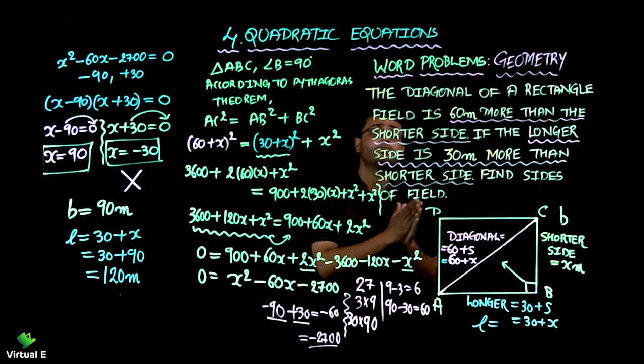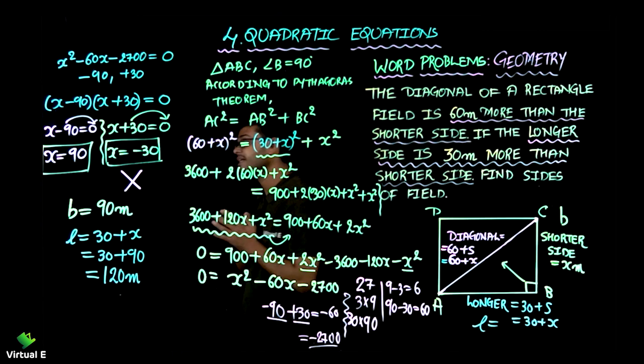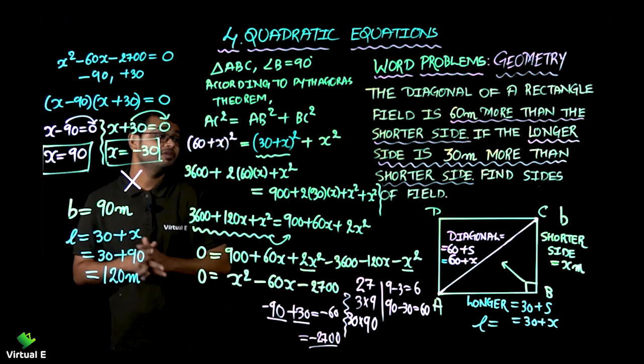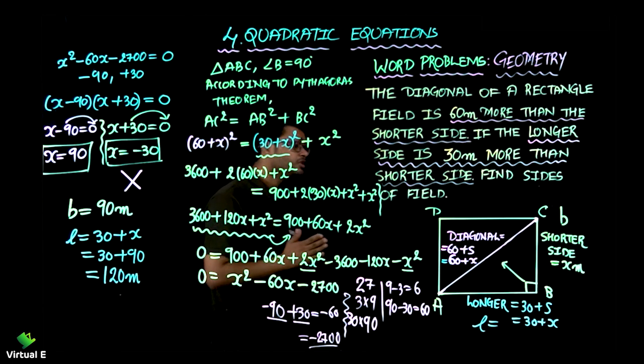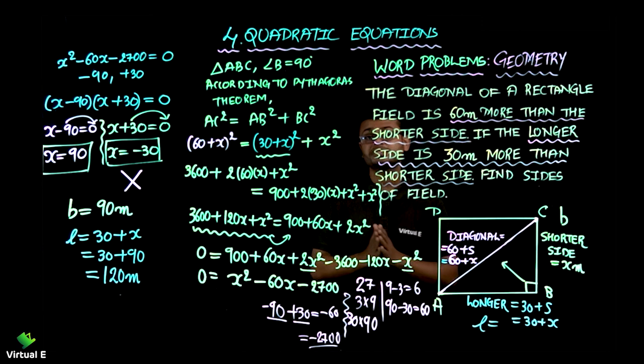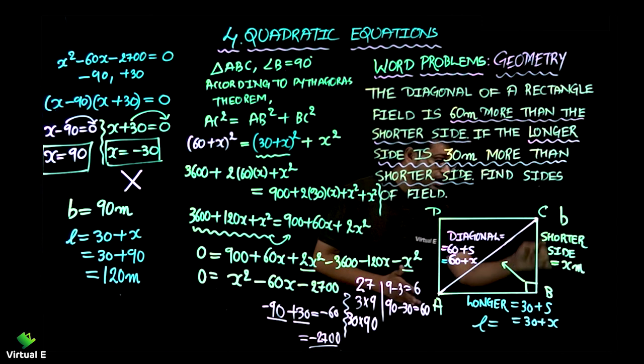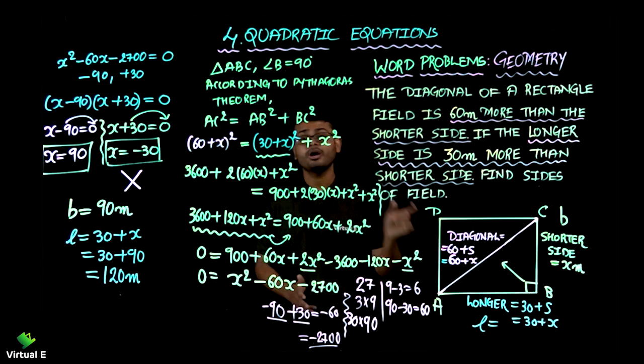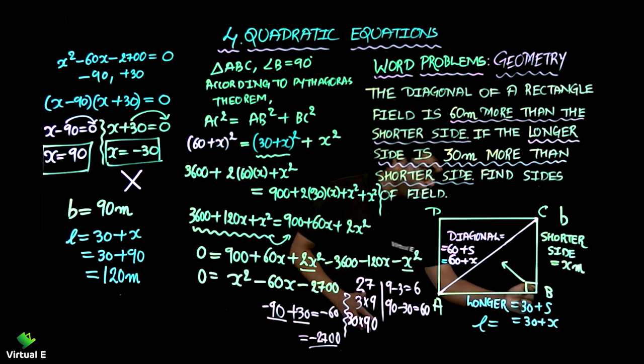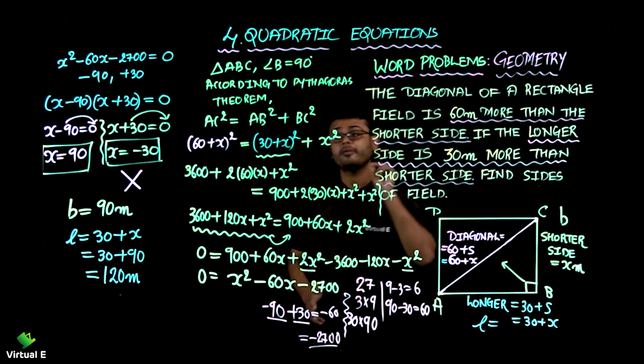And we know one property of the rectangle, all angles are 90 degrees, and we are going to use the diagonal as well. So I am using the Pythagoras theorem for the triangle ABC, where angle B is 90 degrees or a right angle, and opposite to it is the hypotenuse.